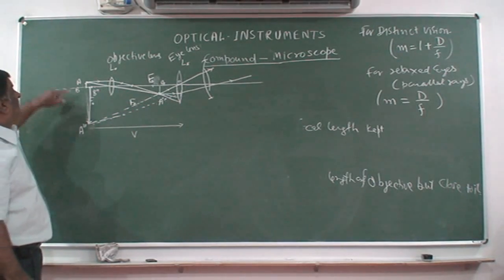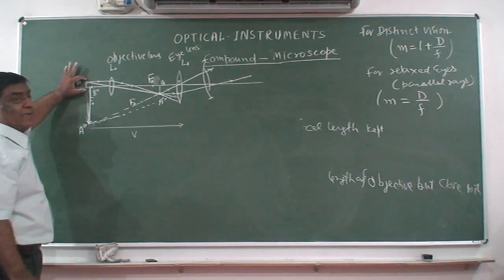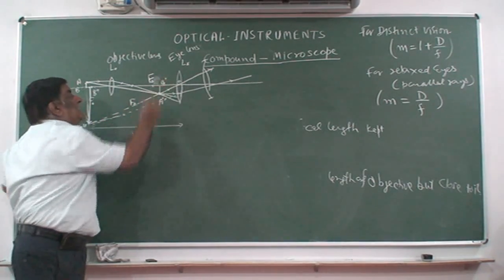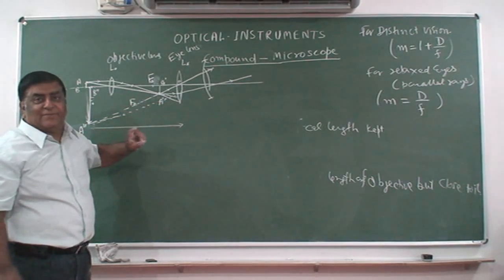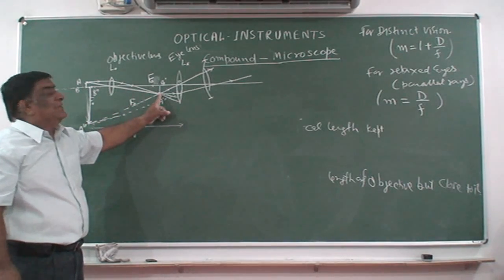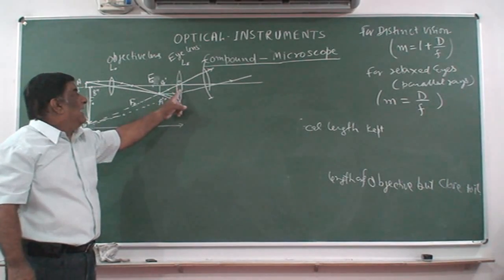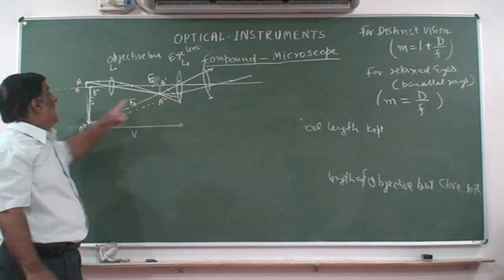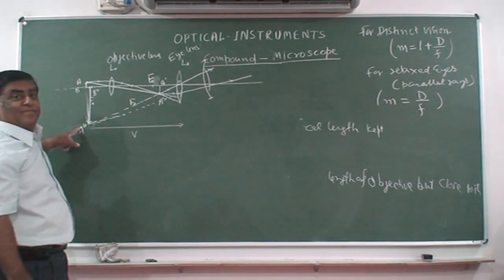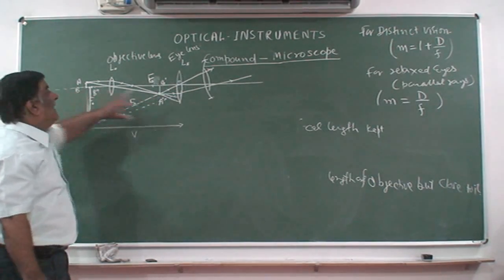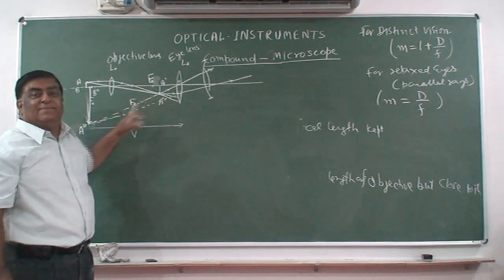Now see, for the first lens, AB is the object, A dash B dash is the image. It is a real image. This real image acts as object for the second lens, and for the second lens, this is the object and this is the image made. And we see this second image through the eye lens.